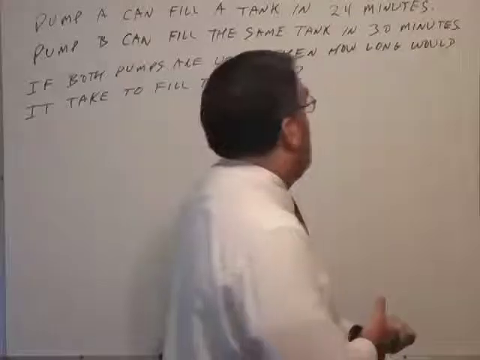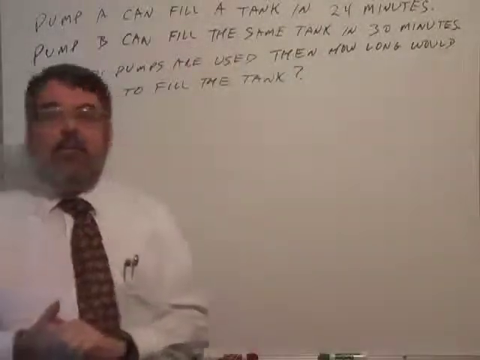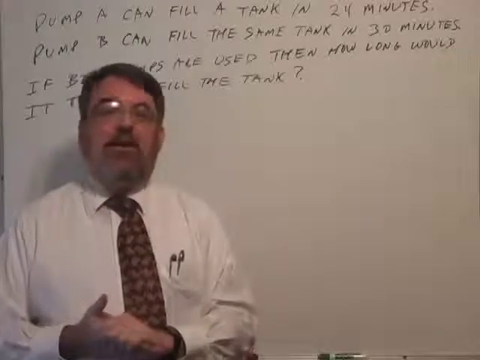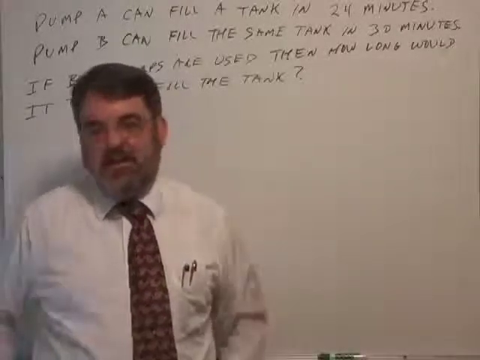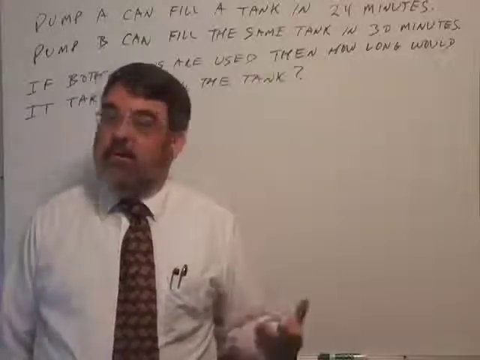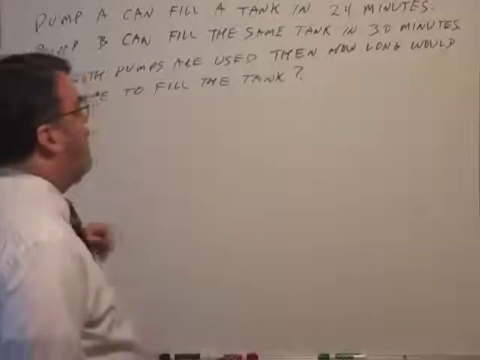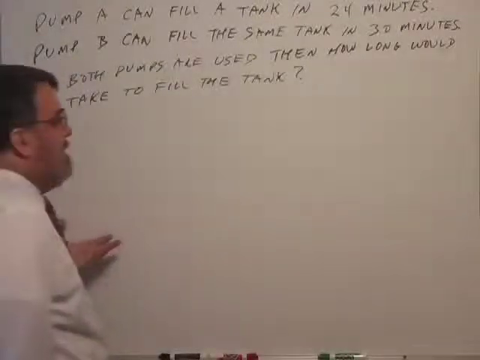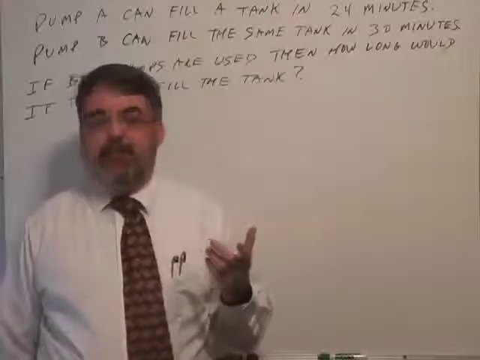Has to be. Okay, so how can we do this without a formula, without a chart, without all the other stuff you see in the commercial textbooks? And units are the key. Think about the units. But the other insight here is to think, well, what is the least common multiple of 24 and 30?